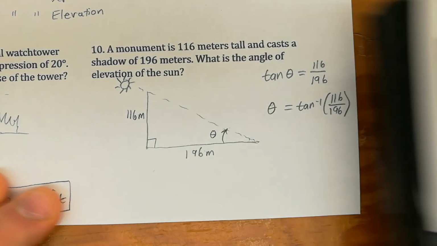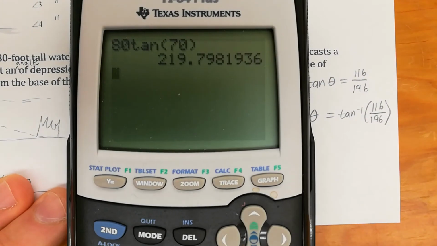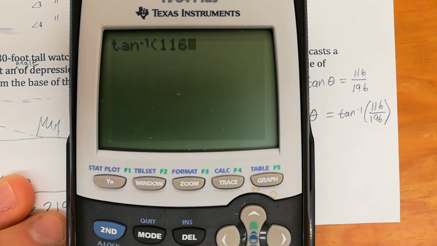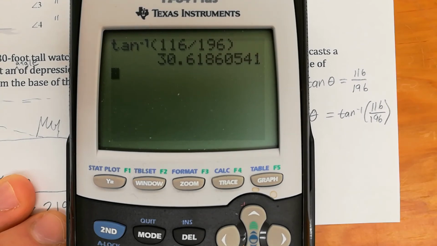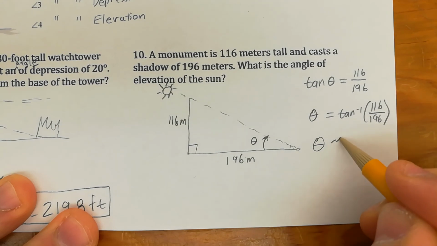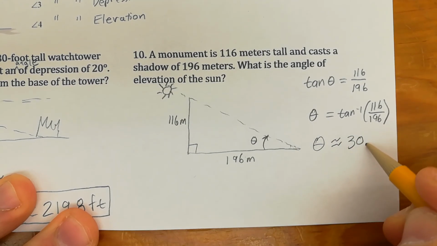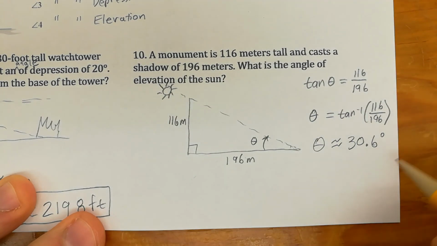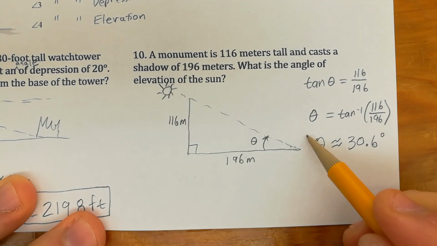I just need to put that in my calculator. Inverse tangent of 116 over 196, and I get approximately 30.6. So the angle from the ground to this imaginary line up to the sun is about 30.6 degrees.